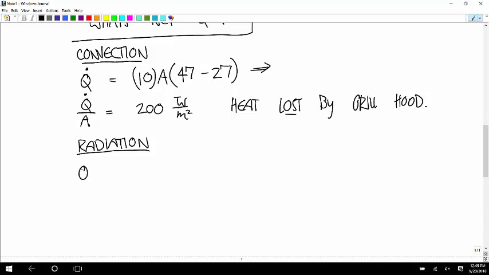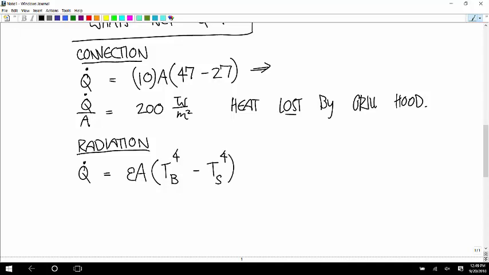So for radiation, Q dot is equal to the emissivity times the area times the temperature of the body to the fourth minus the temperature of the surroundings to the fourth.